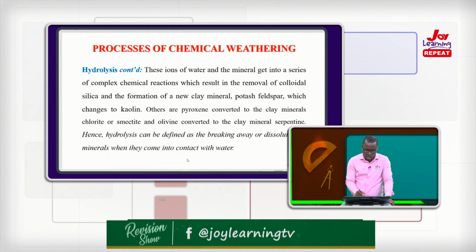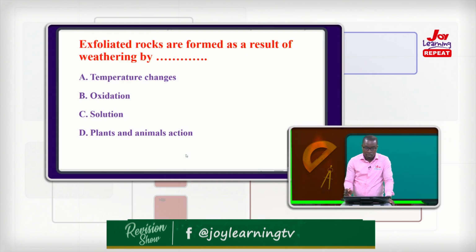We have another caller on the line. Please, what is your name? My name is Sid Abdul Samad. Calling from where? Upper West. What is the name of your school?